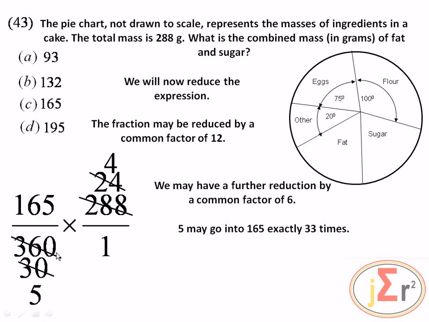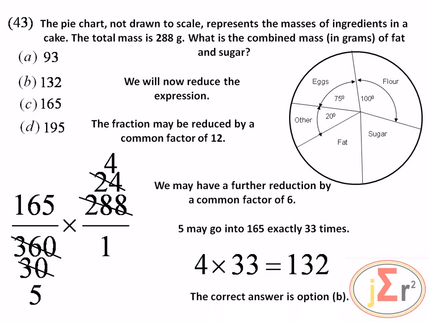Alright, so the 4 multiplied by the 33 is equal to 132. And that turns out to be our correct answer. The correct answer is option B.